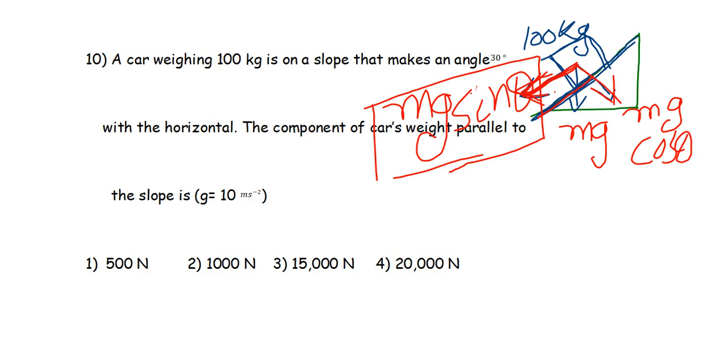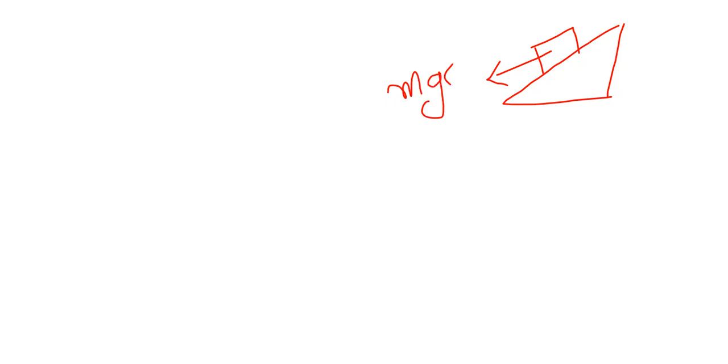Let us solve this. You have to find out the value of mg sin theta. Mass of the object is 100 kg. Given that m is equal to 100 kg.